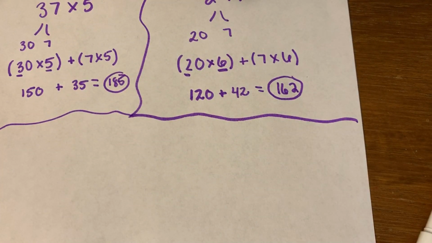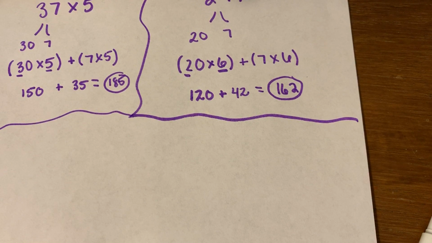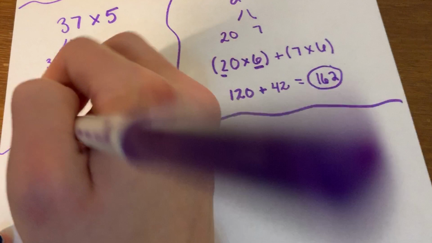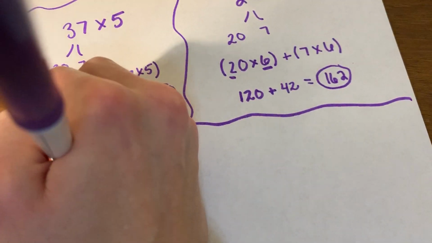Okie dokie. And let's go ahead and look at one more. And I'm gonna go ahead and make it this one. Let's go ahead and do 19 times 5.